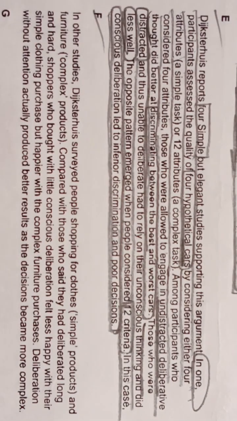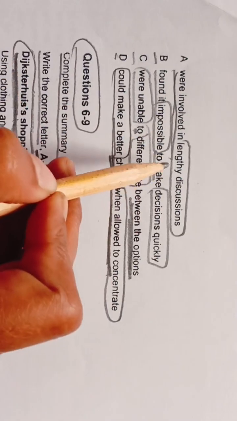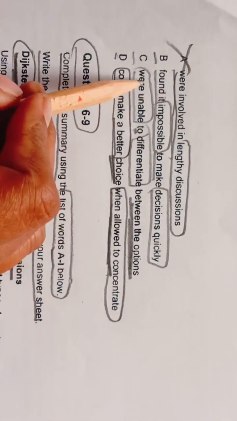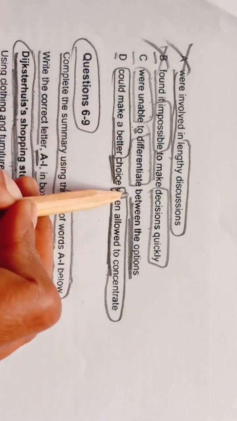So in our fifth MCQ, what are they asking? The series car study found that in a simple task, participants, option A, were involved in lengthy discussion. No, this thing we have not seen. Found it impossible to make decisions quickly. No, this also we have not seen. Were unable to differentiate between the options.